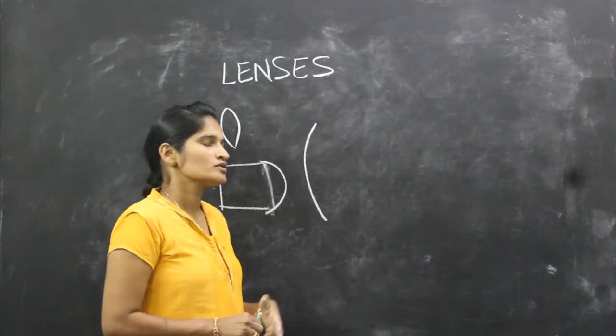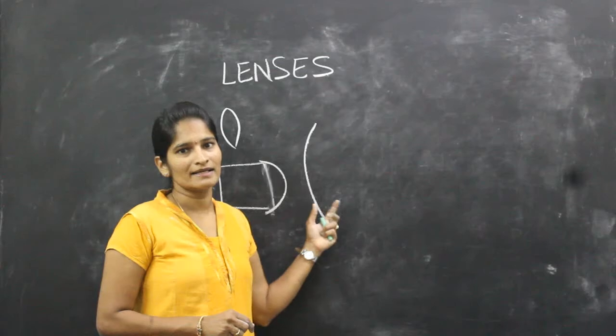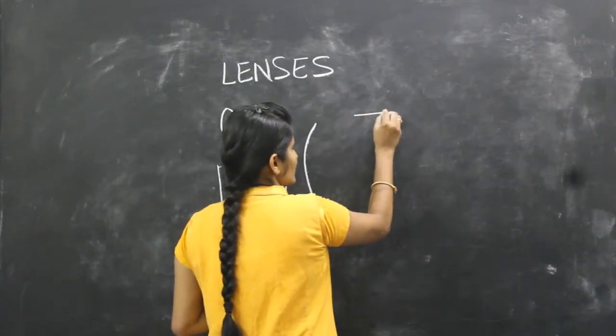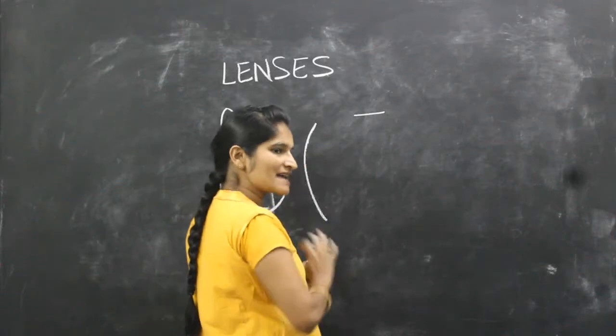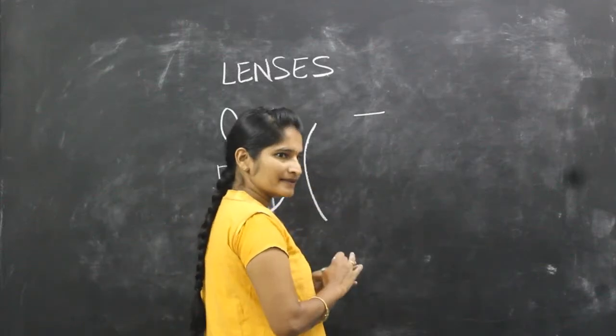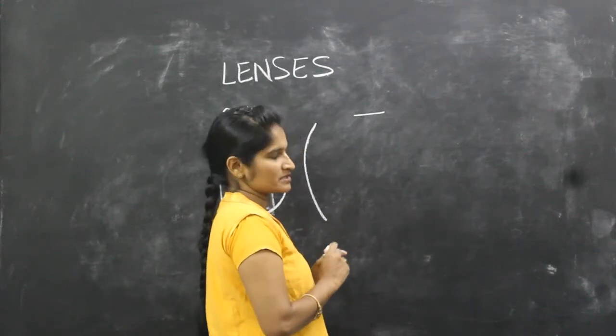So we have various types of lenses. Now we will see the types of lenses. I have said that a lens has two surfaces, and those may be both curved or only one curved.